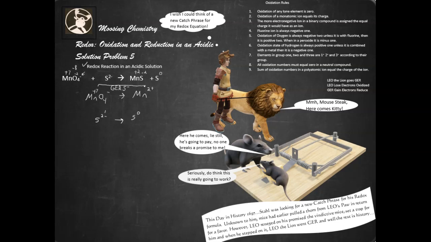Here we're going -2 to 0, so this is losing electrons, and it's losing 2 electrons. So notice that there's a 5 on the first one and a 2 on the second one. So now that means we're going to multiply this by 2 and this by 5.